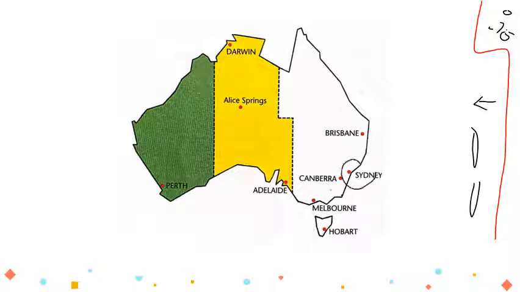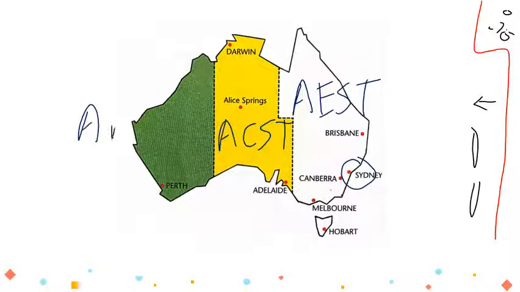We are in the Australian Eastern Standard Time zone. In this yellow section here, Alice Springs, Darwin, Adelaide, they are in Australian Central Standard Time. And Western Australia, well, what's the opposite of East? It's West, Australian Western Standard Time.